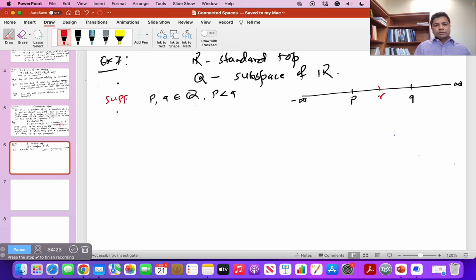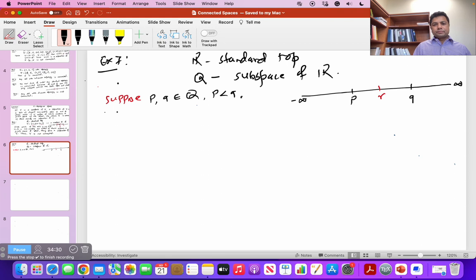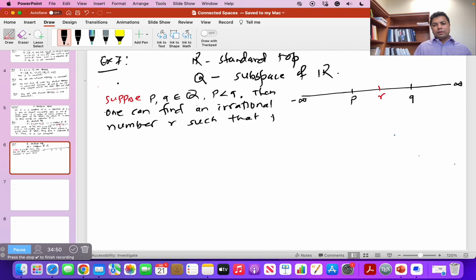Suppose p and q are in Q with p less than q, then one can find an irrational number r such that p is less than r is less than q. So here r is an irrational number.